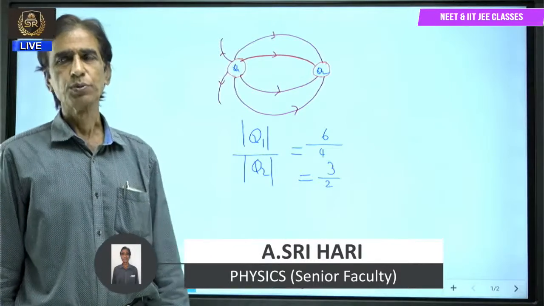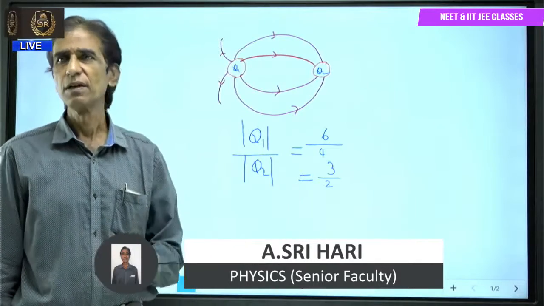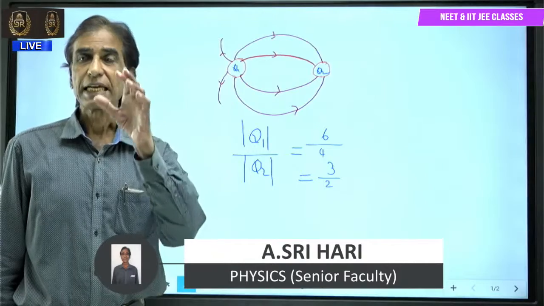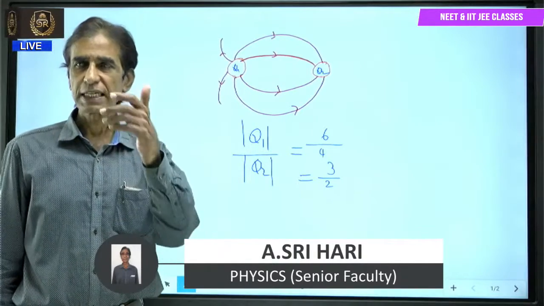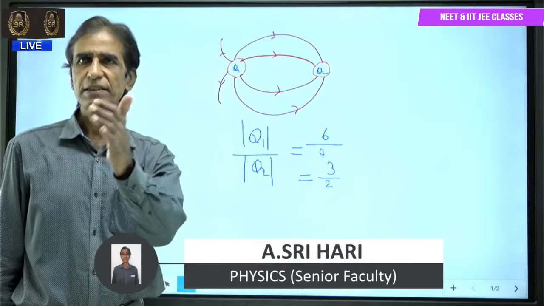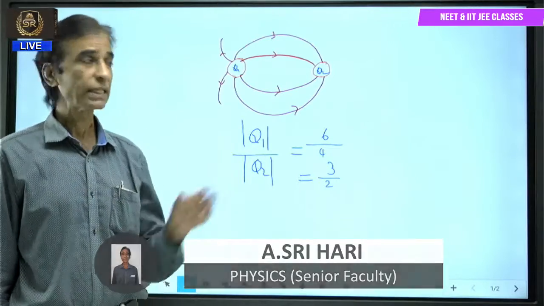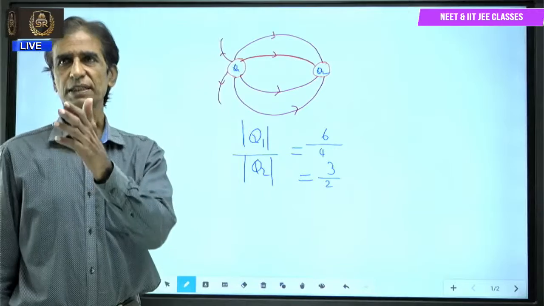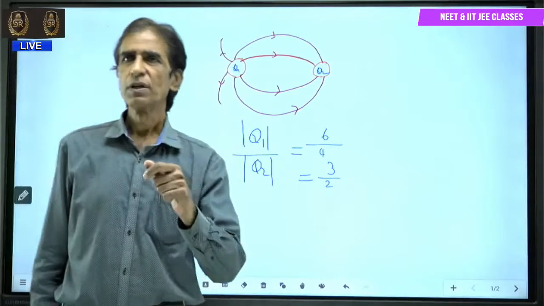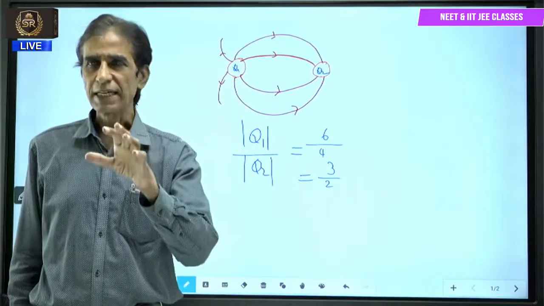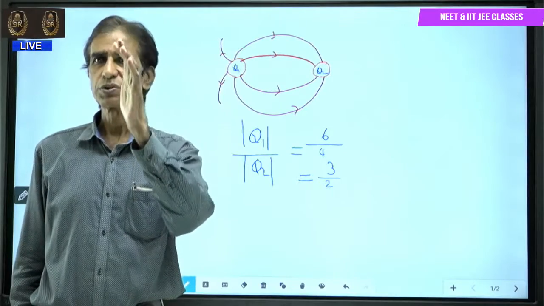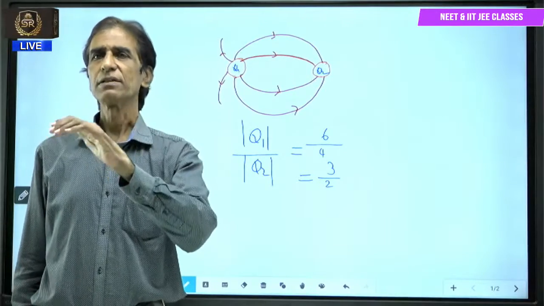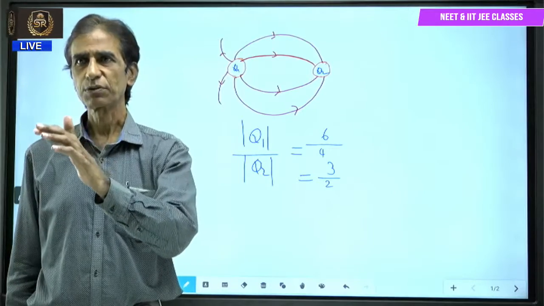Then they will ask, what is the nature of the charges, the nature of Q1 and of Q2? For that, what is the rule I told you? Field lines originate, that is, start from the positive charge and terminate at the negative charge.